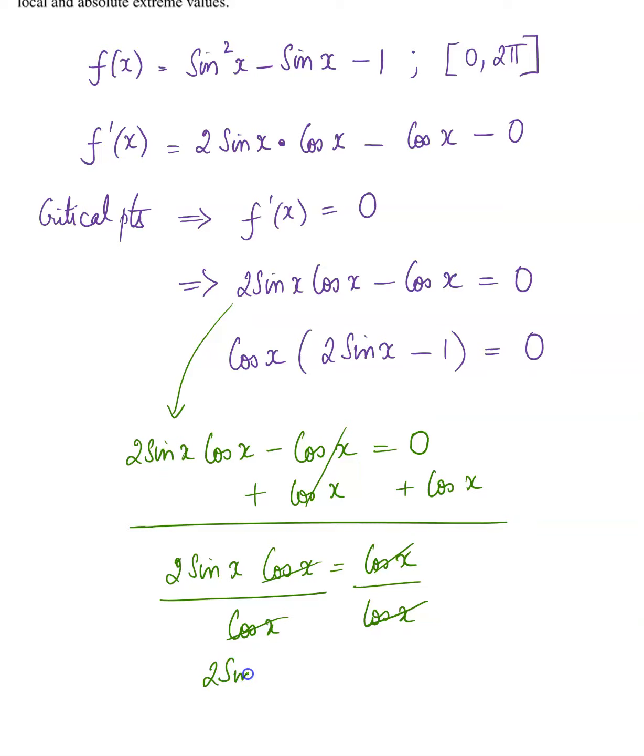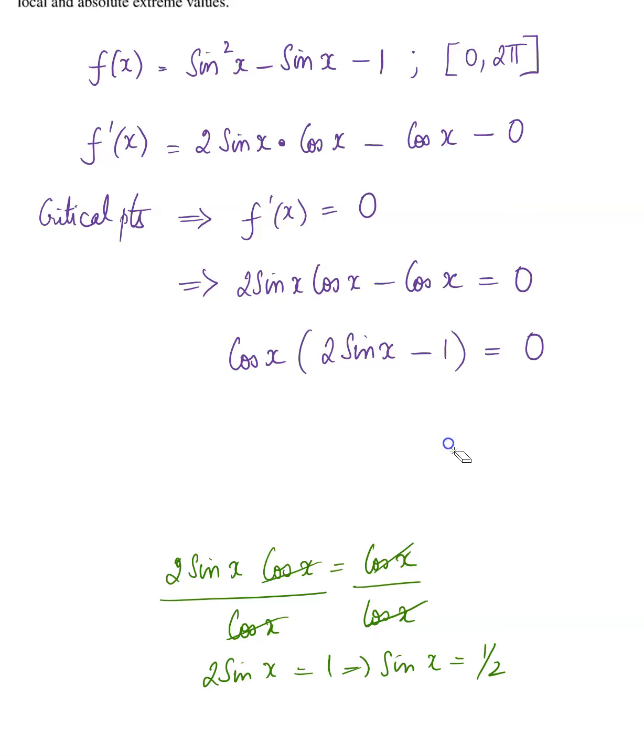So then you'll have 2 sine x equals 1. Then you'll say sine x equals half. And you just get the information just for the sine x part because you cancelled away the cosine x. So this is completely wrong. You should never do that. You always have to do the GCF. You need to factor out.